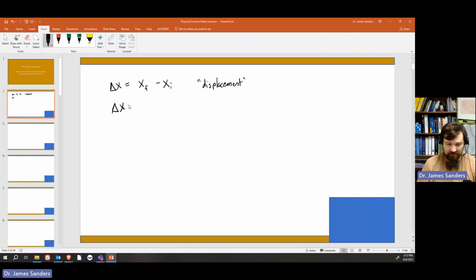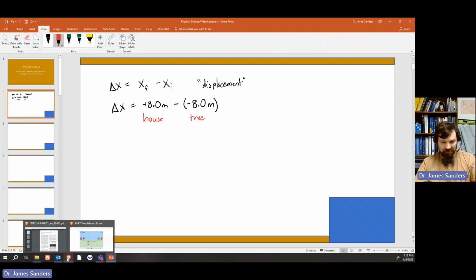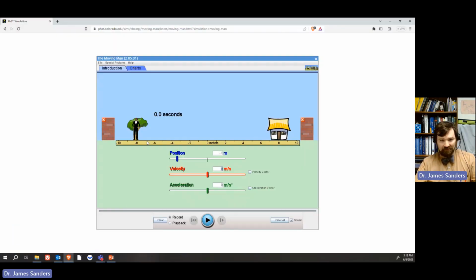Okay, this is called displacement. In this case, the displacement delta x is from +8.0 meters, this is the house, and from -8.0 meters, the tree. So we can label these house and tree. Again, where did I get those numbers from?